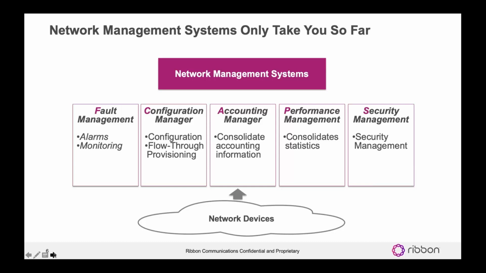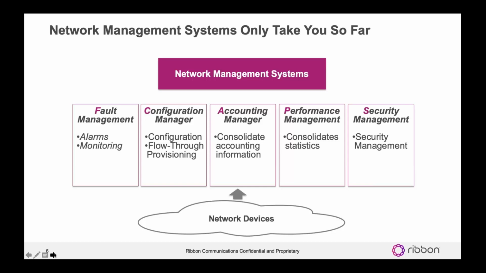So if you step back, what's the goal of these network management systems? Well, it's your typical FCAPS, right? Your fault management, so that's where you're getting the alarms, monitoring of your network, and certainly configuration. So we have tools here at Ribbon where we're looking at configuration, how we provision different types of things. You also could tie in the accounting.